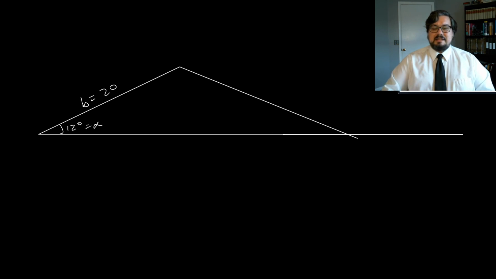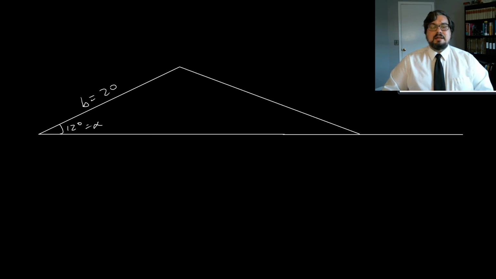So this is the situation where we get two potential values for beta, but one of them doesn't work because it involves constructing a figure that isn't actually a triangle. So that means that we only have the one situation here that gives us a solution to our problem.